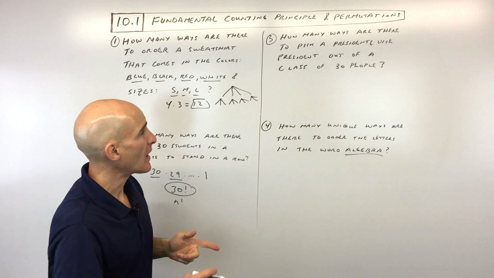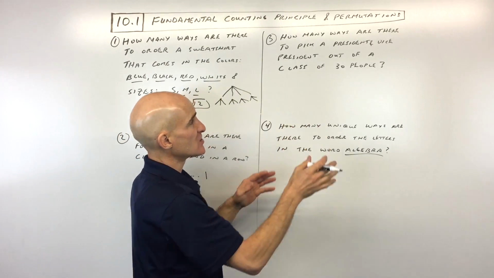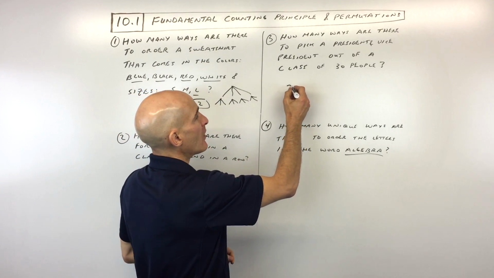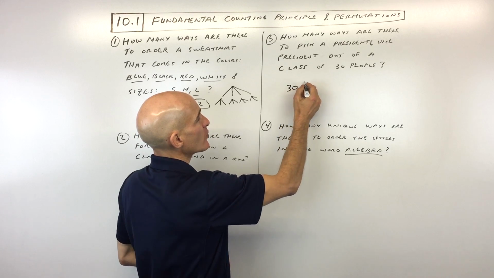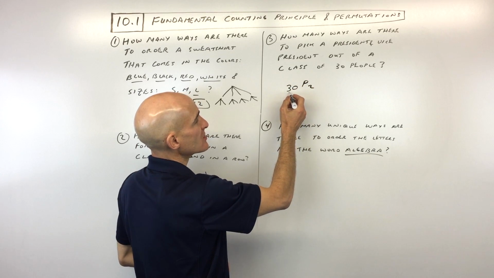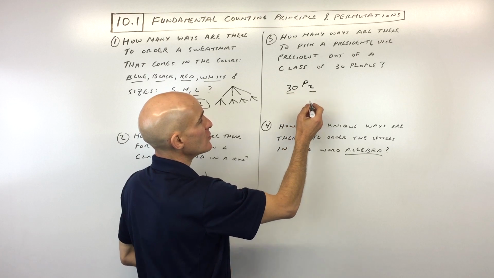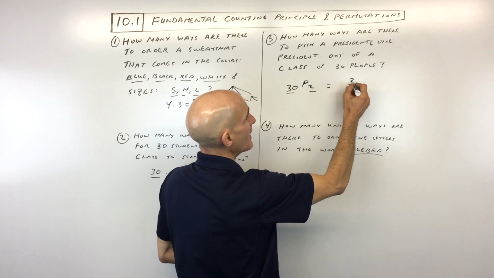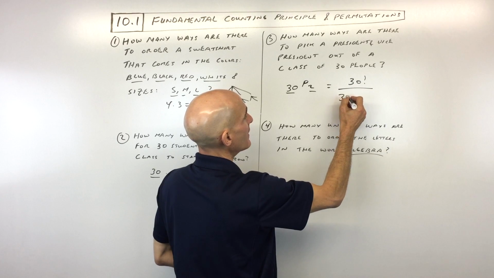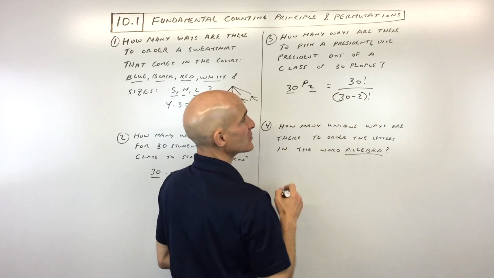Well, if I was going to do it, I'd recognize that it's a permutation, it's an ordering, right? We have 30 people, and we're picking 2 where the order matters. So we've got 30P2. Now remember our formula, it's n factorial over n minus r factorial.